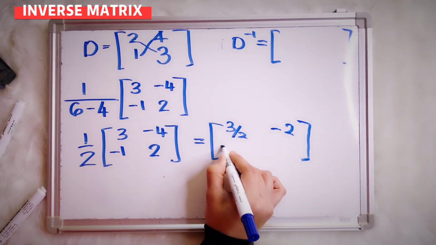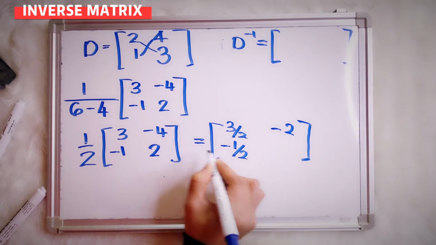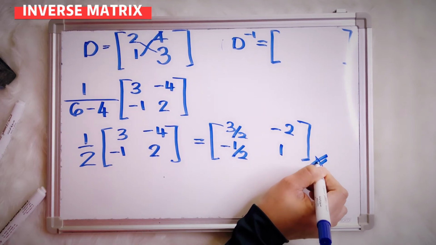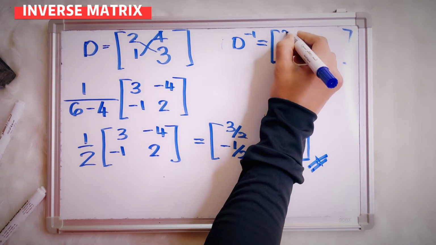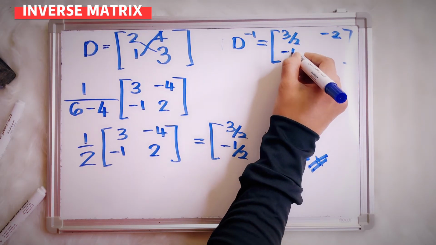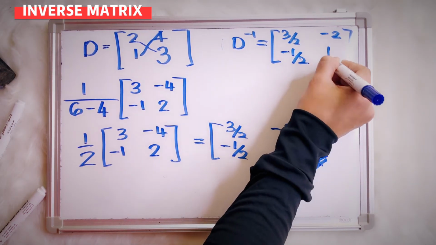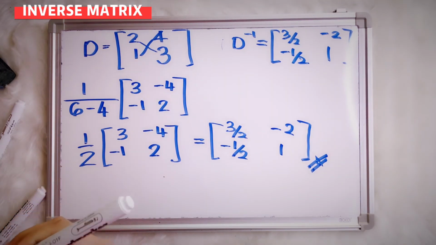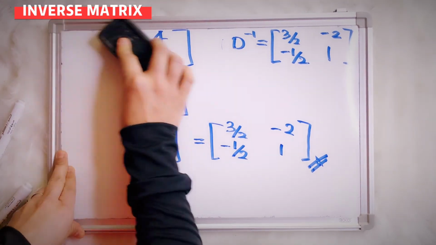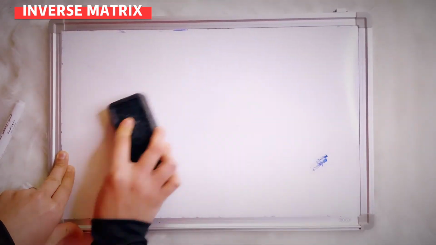And here we have negative 1 over 2. And here 1 over 2 and 2 we have 1. So your D inverse is 3 over 2, negative 2, negative 1 over 2, and 1. Okay? Right. Okay, next.